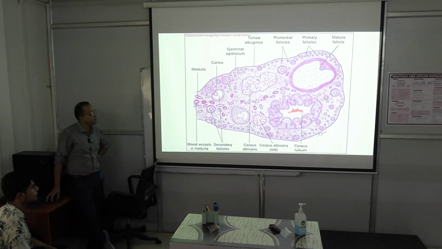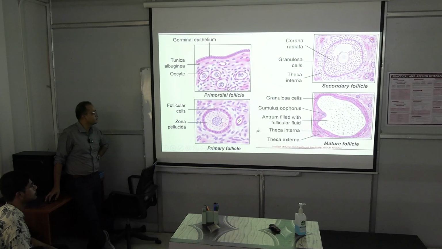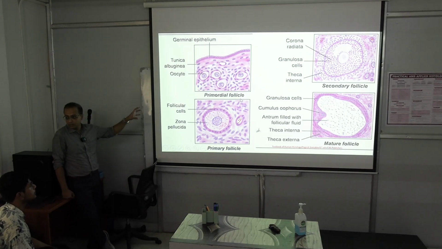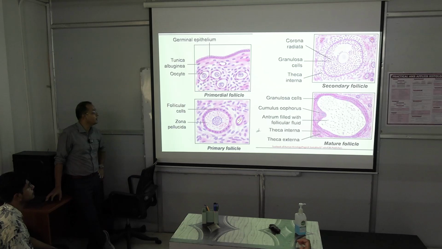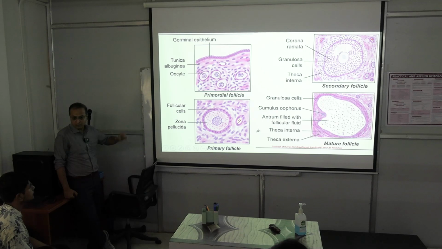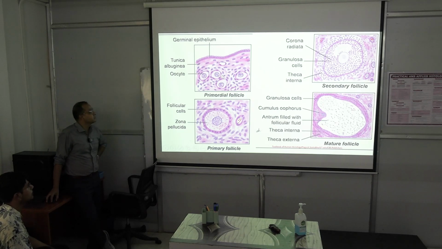Now, these follicles can be classified into several types. We call them primordial follicles. This is the tiniest form of these germ cells, surrounded by flat epithelial cells. This is the primary oocyte, and it is neighbored by a layer of cells, which you can see where I am placing the cursor.